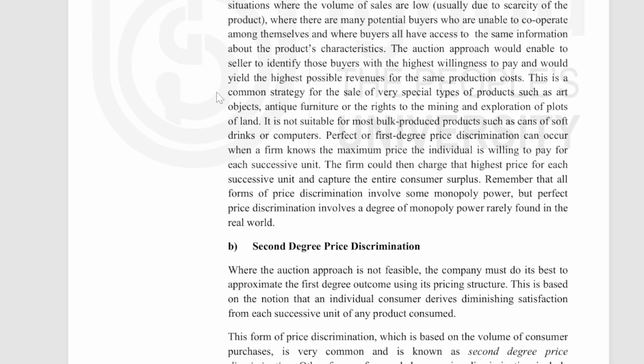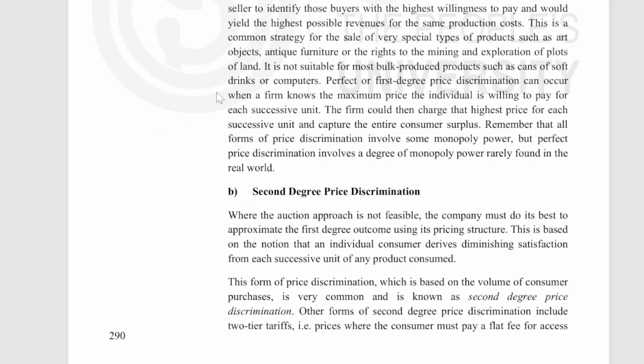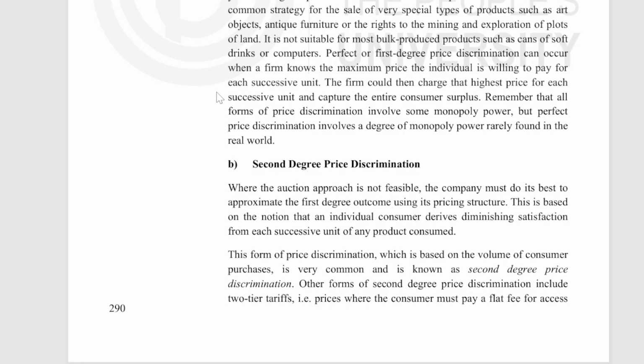This is a common strategy for the sale of very special types of products such as art objects, antique furniture, or the right to the mining and exploration of plots of land. It is not suitable for most bulk produced products such as cans of soft drink or computers.